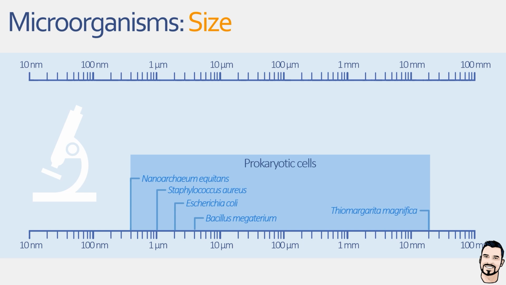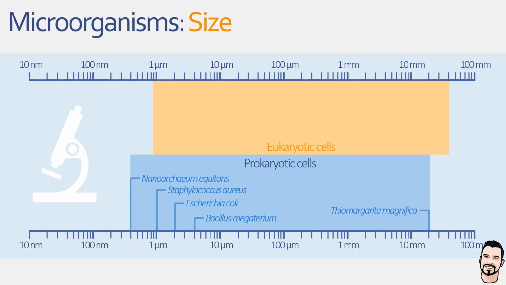Then we have Bacillus megaterium at around 4 micrometers, which is twice as big again, with the biggest being Thiomargarita magnifica coming in at around 2 centimeters in diameter for a single-celled microorganism. Now, for the most part, however, we are dependent upon the light microscope to see these cells.